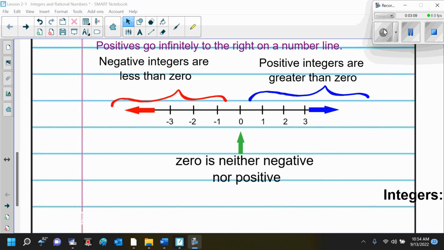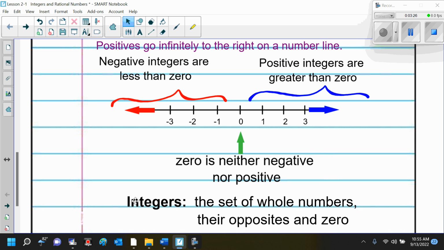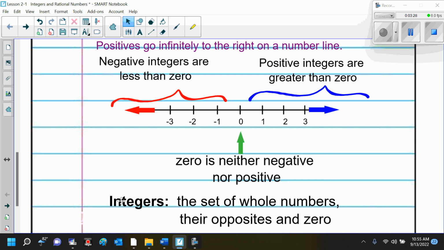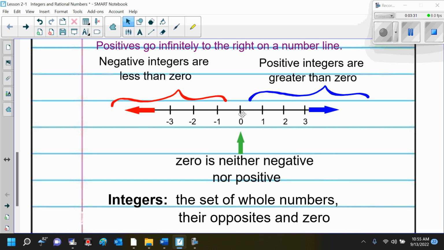So, what is an integer? We said that these negative integers are less than 0. We said positive integers are greater than 0. And we said 0 is neither negative nor is it positive. So what is an integer? Good. So integers are all of the positives and all of the negatives. So all of the positives, you guys know as whole numbers, right? 1, 2, 3, 4, 5, 6. 0 is also a whole number.